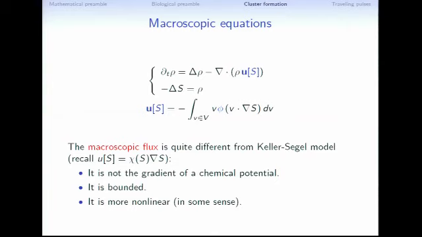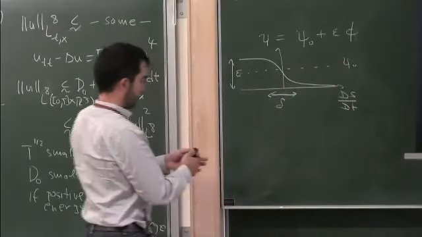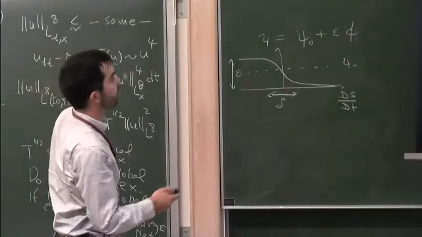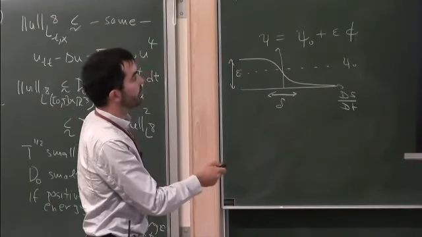And this is the explicit flux that you have, which depends on the microscopic variable V, which is the following. And phi, let's recall that psi is equal to psi naught, let's say the mean frequency rate, plus epsilon phi, and assume that phi is even. So you have psi naught here, and you take the antisymmetric part. So this is phi, which is there. So this phi tells you what is the macroscopic flux u.